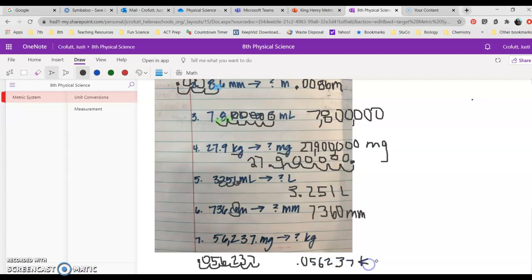So then again, to check all of these answers, you can ask yourself, does that make sense? If we start off with milligrams, which is a really small unit of measurement, we have a lot of them. Kilograms is a really big unit of measurement, so this number should be small. Is our number that we got small? Well, yes, it's 0.056.